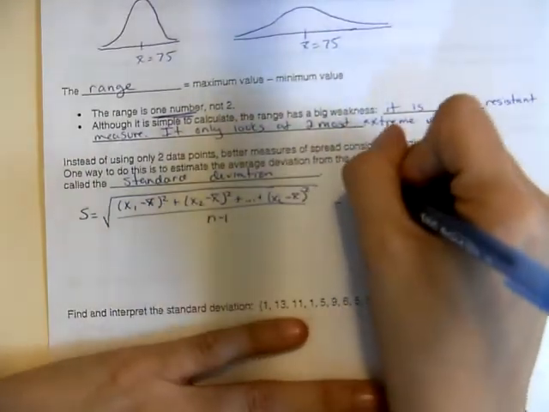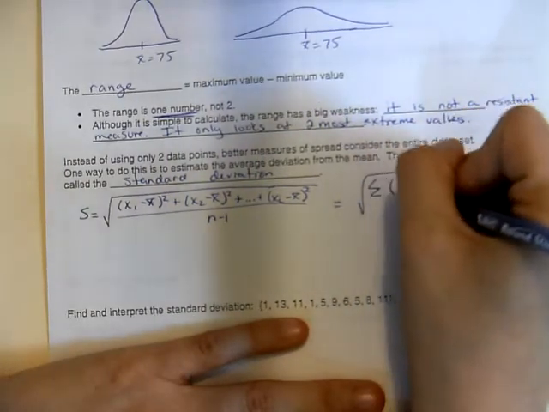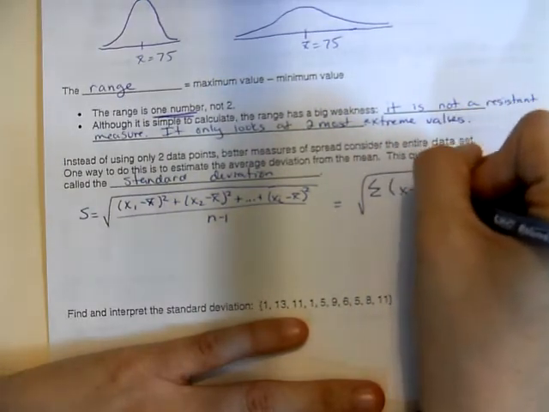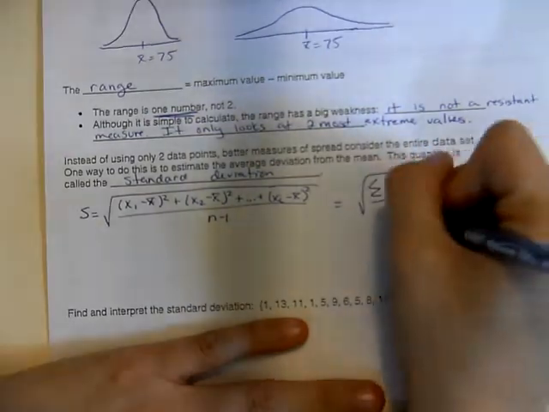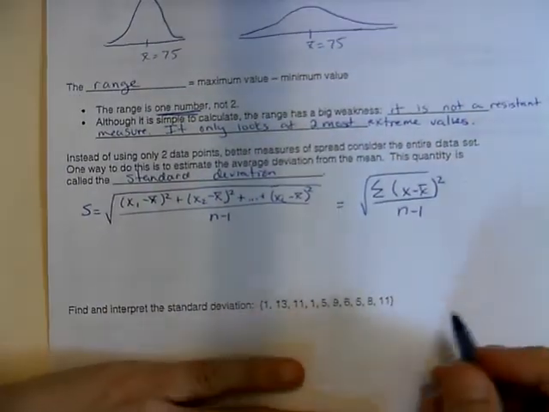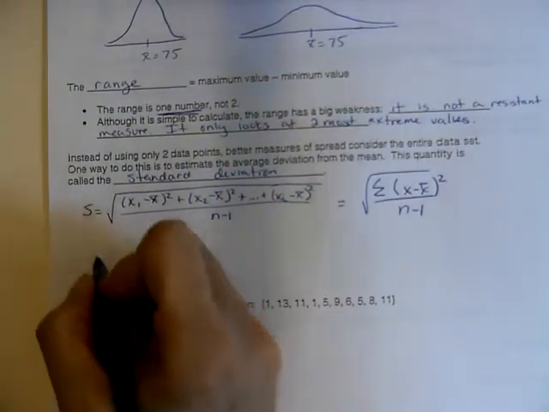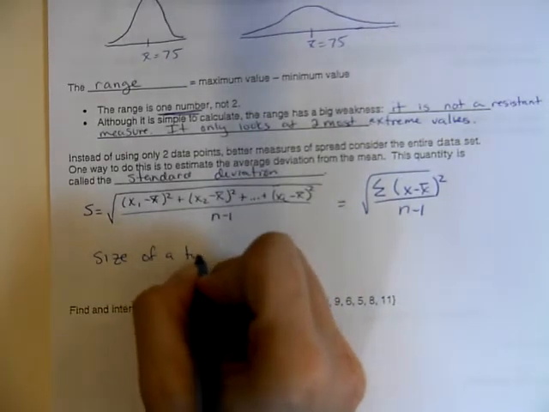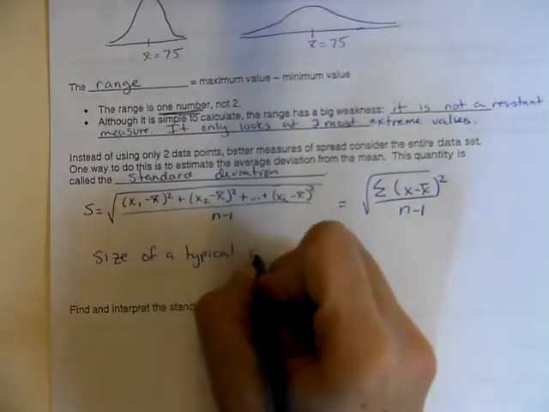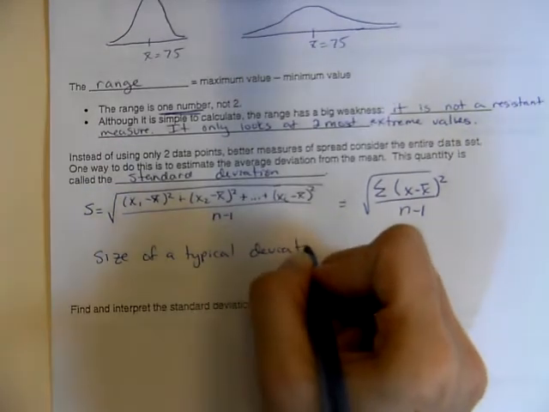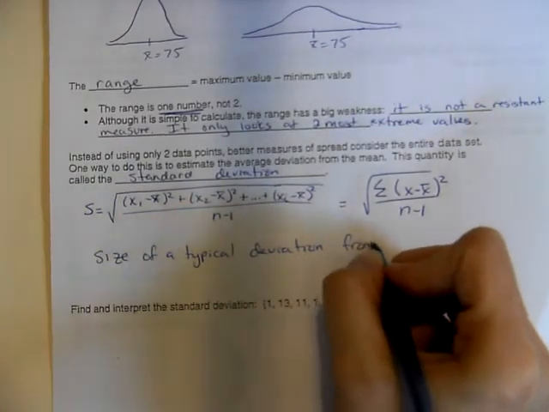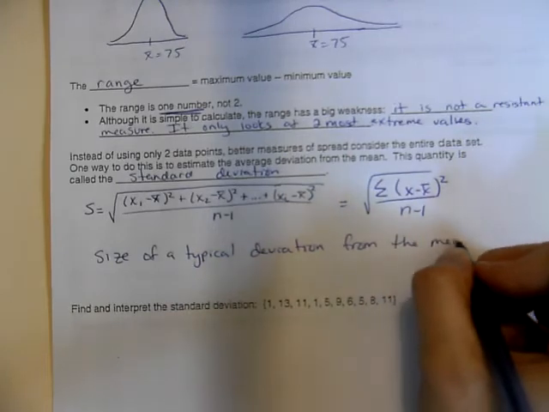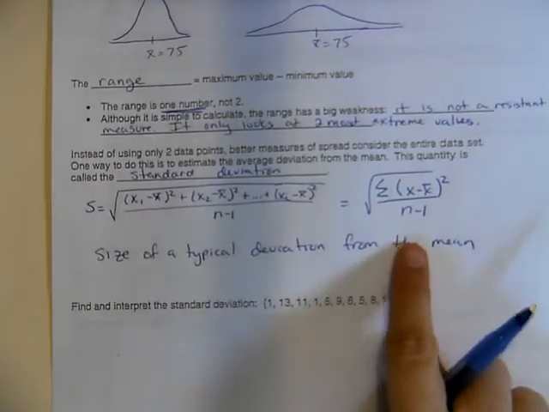Or it's the sum of each x value minus x bar, squared, over n minus 1. What this means is the size of a typical deviation from the mean.